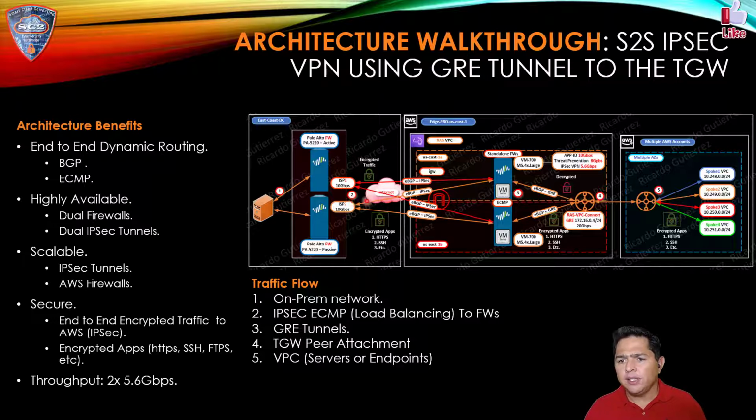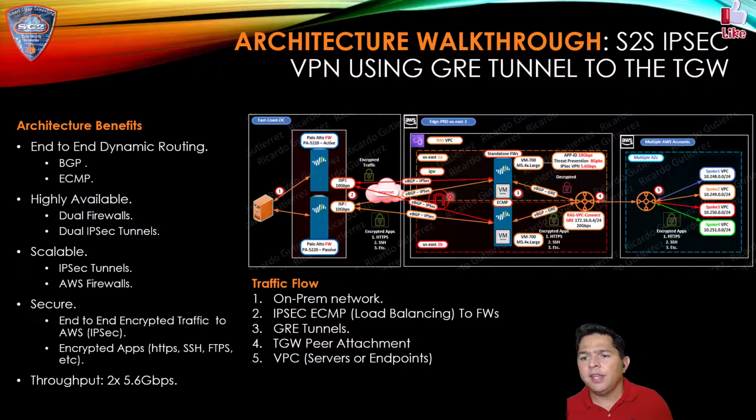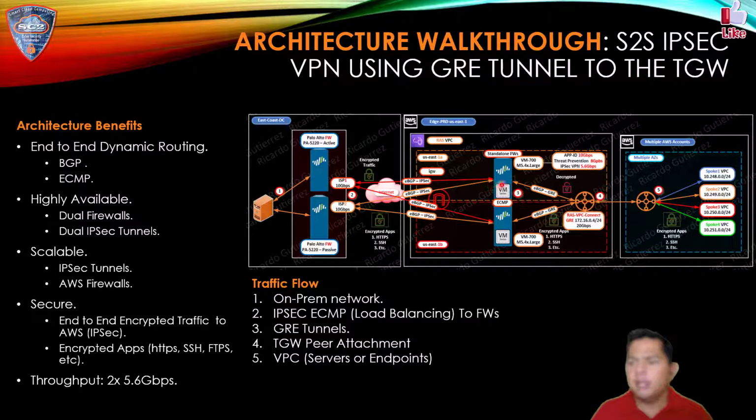So once the packet hits the IPsec tunnels, the traffic will hit the internet gateway in AWS, and then the packet will either hit the firewall in AZ A or in AZ B, depending on ECMP, which one it decides to send the packet to. Then after the packet hits the firewall, this firewall is running BGP as well and ECMP.